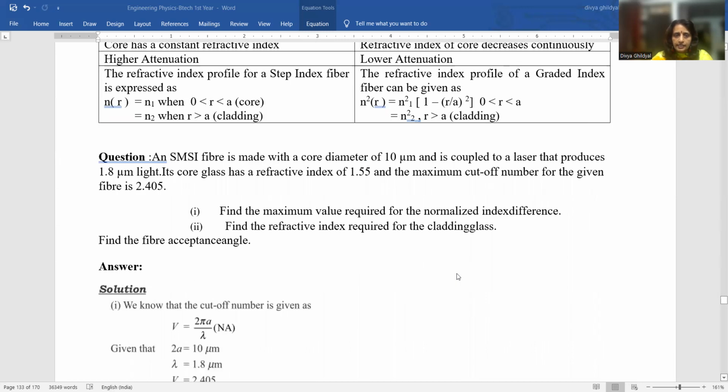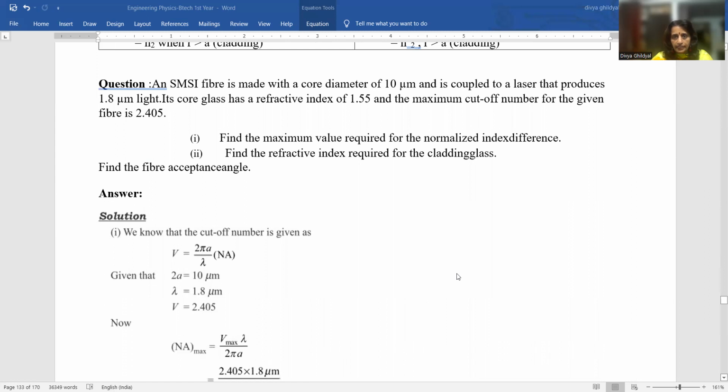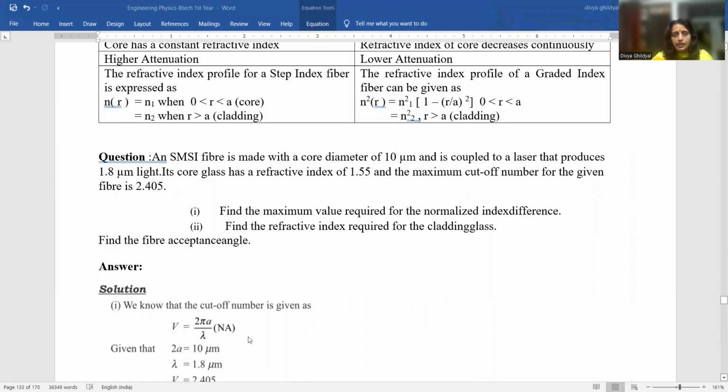Now, a very simple numerical is asked on V number usually. So first write the formula. V number is equal to 2 pi a by lambda into numerical aperture. Now a single mode step index fiber is made with a core of diameter 10 micrometer. Micro becomes 10 to the power of -6, and this is coupled to a laser that produces 1.8 micrometer light.